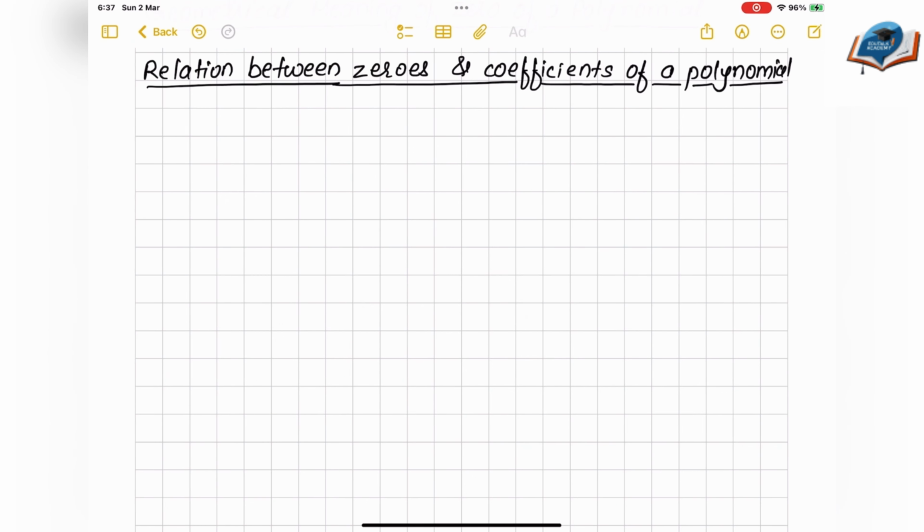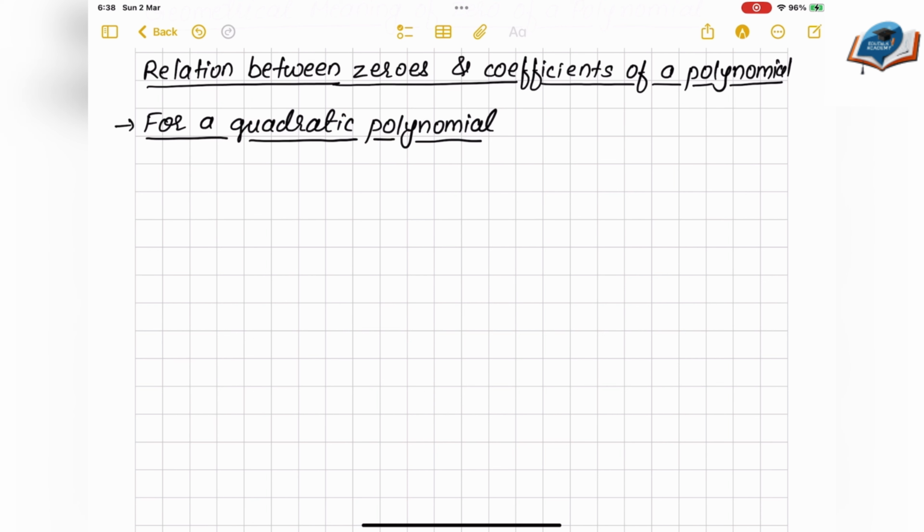Now next is relation between zeros and coefficient of a polynomial. So for a quadratic polynomial, see, I am talking about a quadratic polynomial.